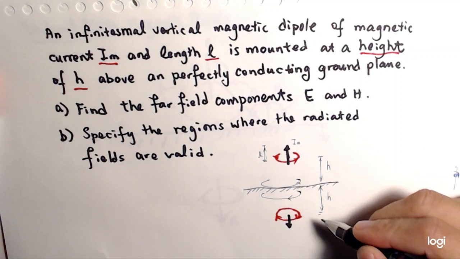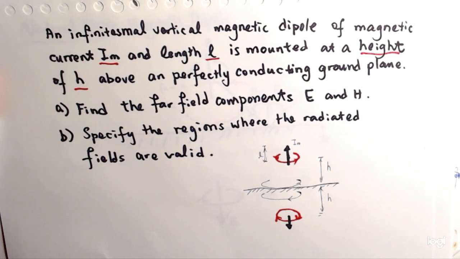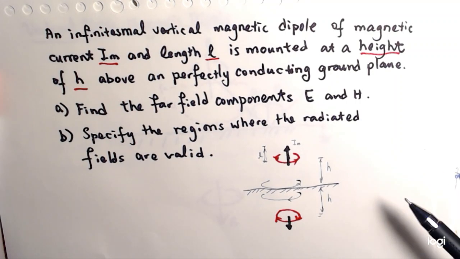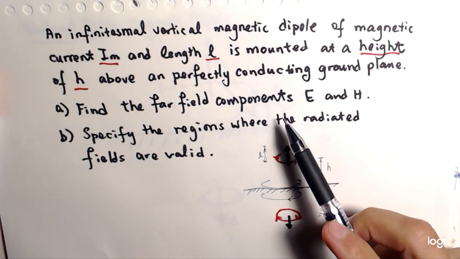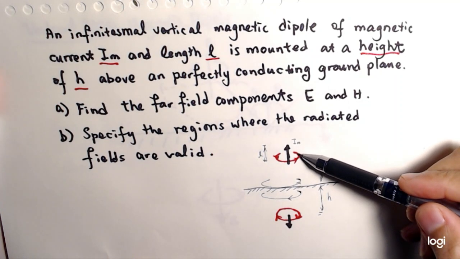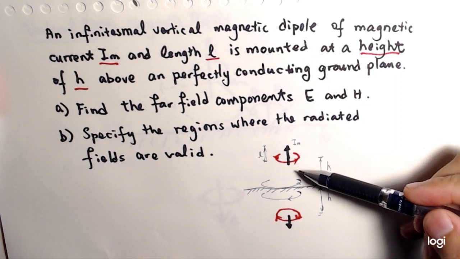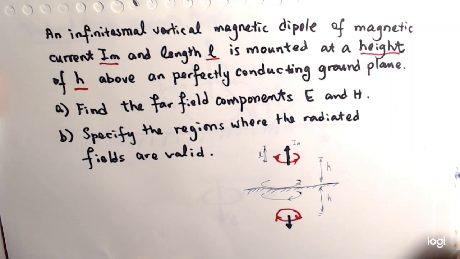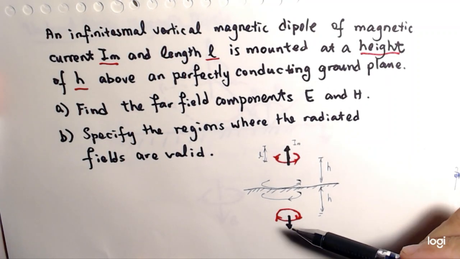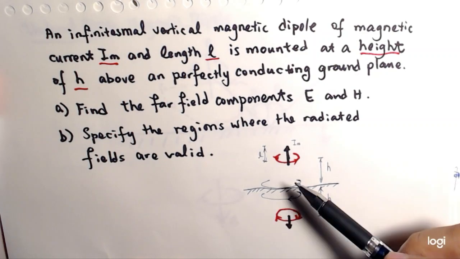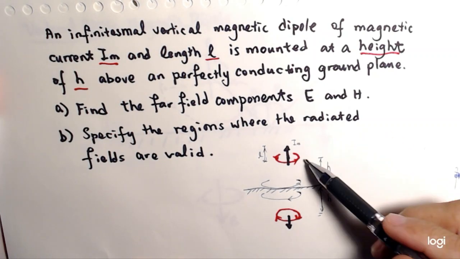So I hope this is clear enough for you. What we are going to do is to work out the far field. Because you have an actual physical antenna, you also have an image antenna. Both antennas will contribute to the far field.